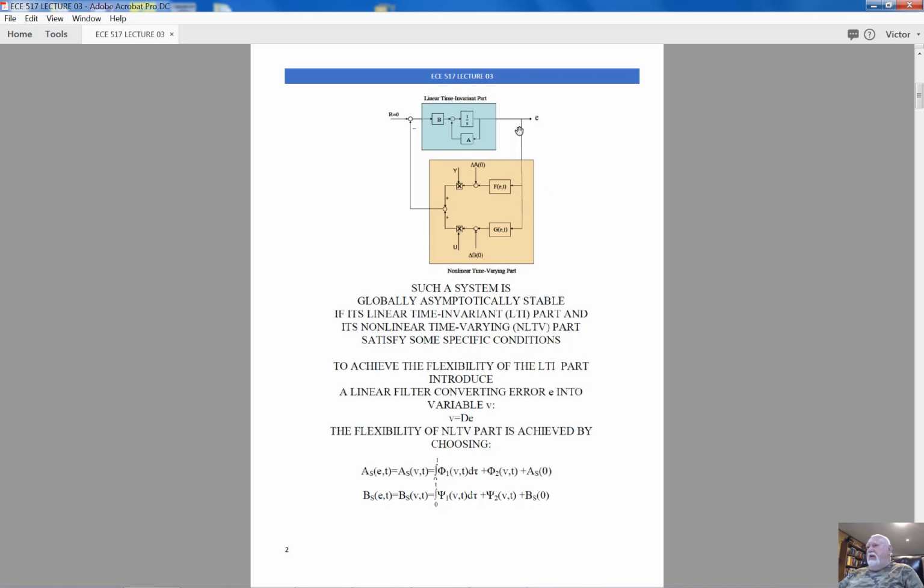The error is picked up, and we compute a nonlinear function of this error. Error is multiplied by state vector y, error is multiplied by control effort u. This is a nonlinear expression, and this nonlinear expression results in a feedback signal. This feedback signal is applied to the summing junction.